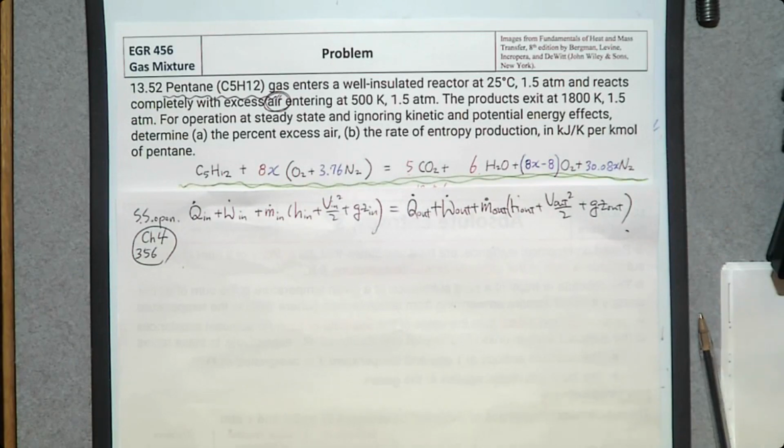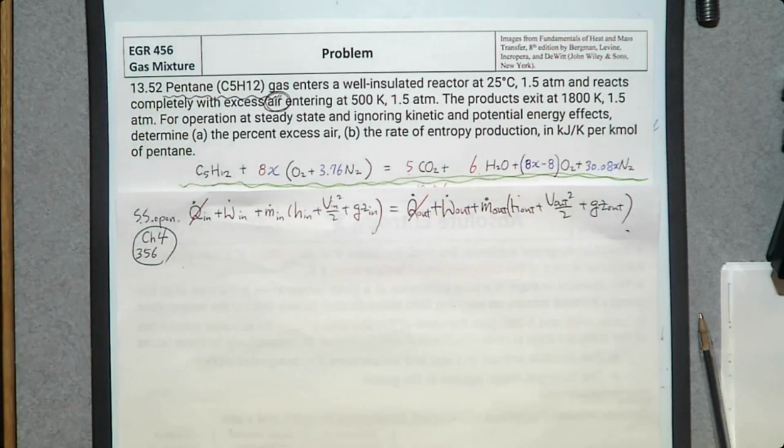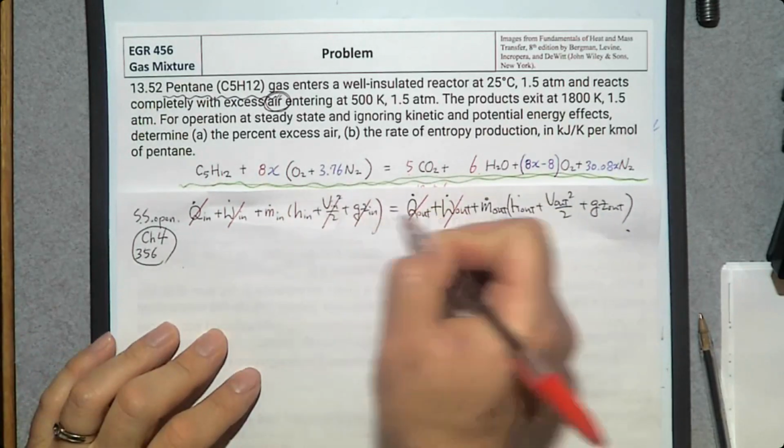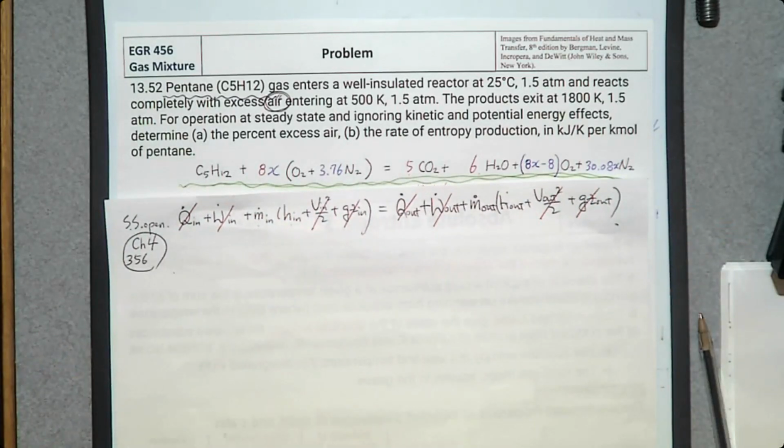Then first of all, is there any heat transfer according to the problem statement? No, I don't think so. There's no heat transfer, so you can neglect Q. Energy transfer by work? No. Kinetic energy change? Potential energy change? No. So what is M dot H?